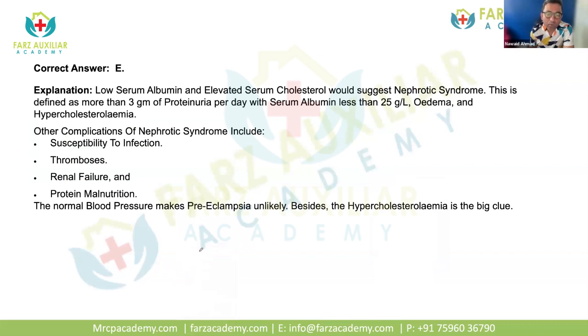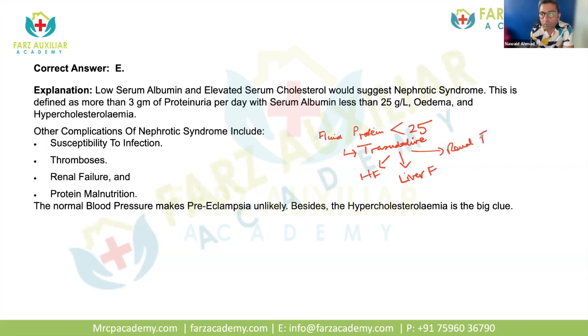If you look at what we call transudative effusions, they really represent three types of failure. If somebody comes in with bilateral pleural effusions and it is transudative, with a fluid protein less than 25, then you're thinking about heart failure, liver failure, and renal failure.